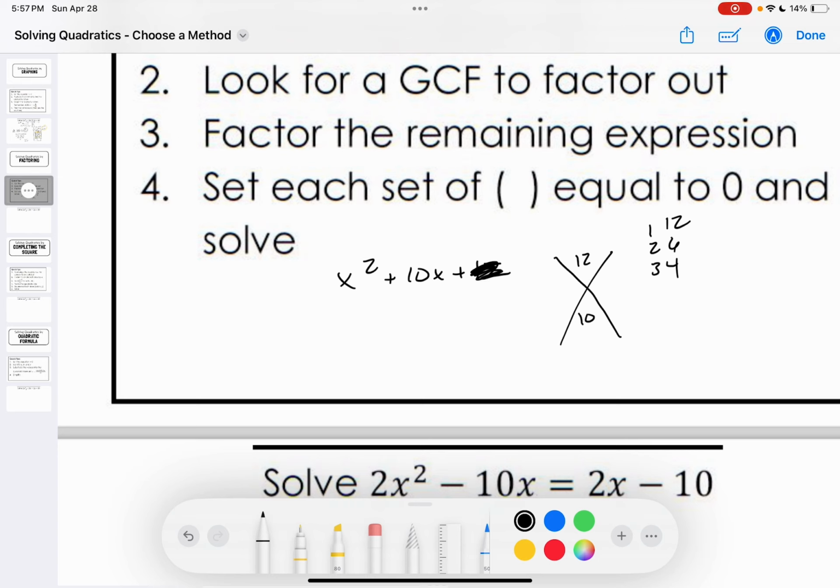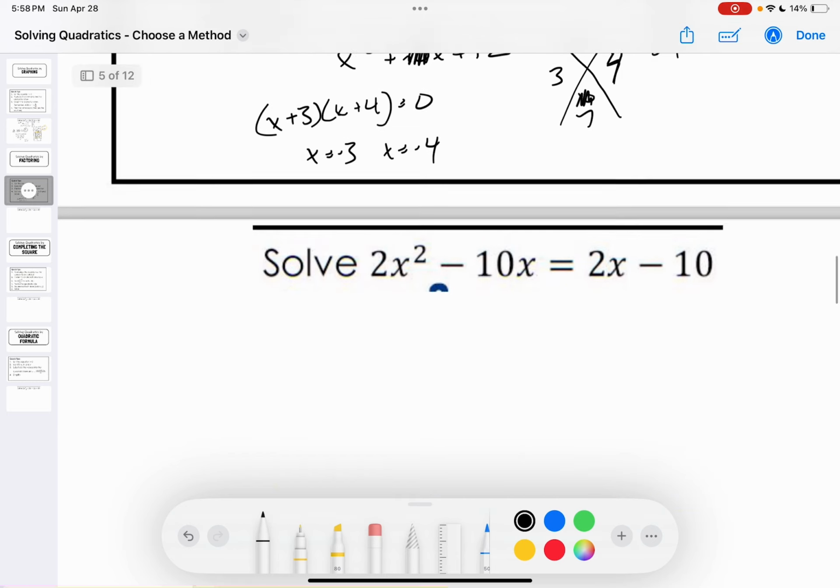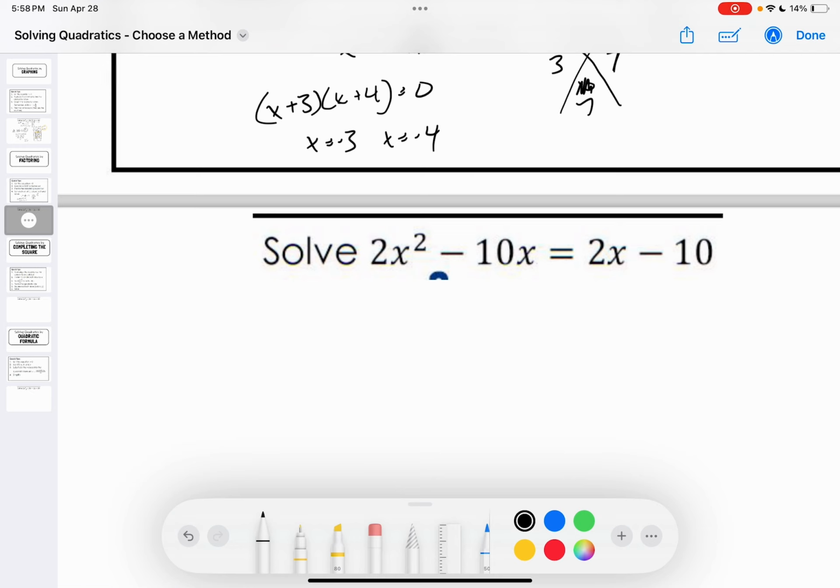But if this were 7, now we put in 3 and 4, we get x plus 3, x plus 4 equals 0, and our solutions then were x equals negative 3 and x equals negative 4. Sometimes that is a very easy problem to solve.